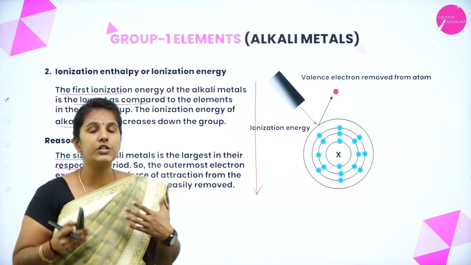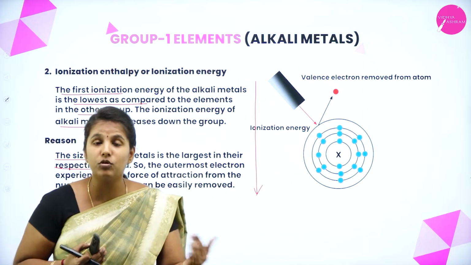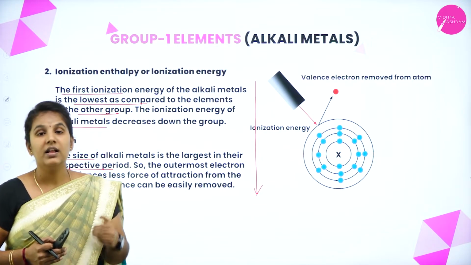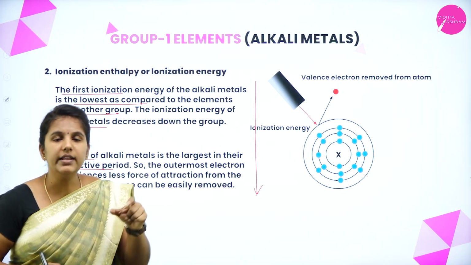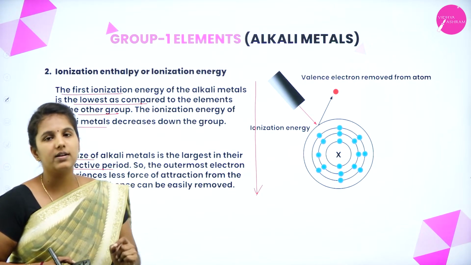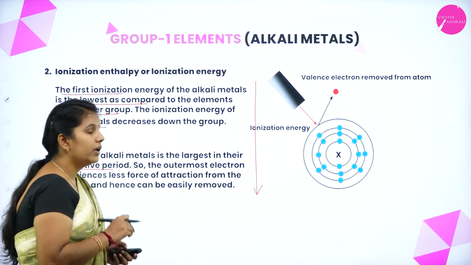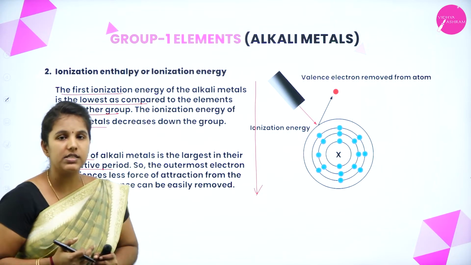As the number of shells increases, the energy required to remove the electron decreases. The second ionization energy in the alkali metals is usually higher when compared to the first ionization energy, only because of the increase in atomic size.